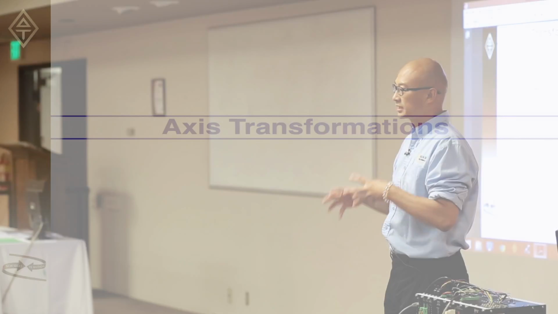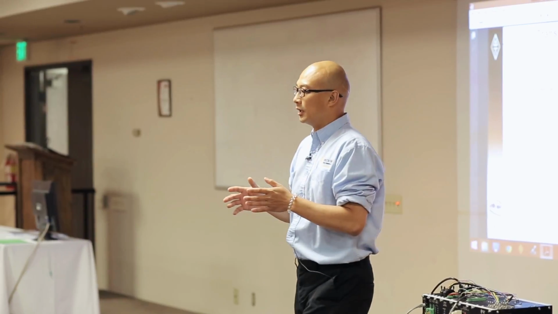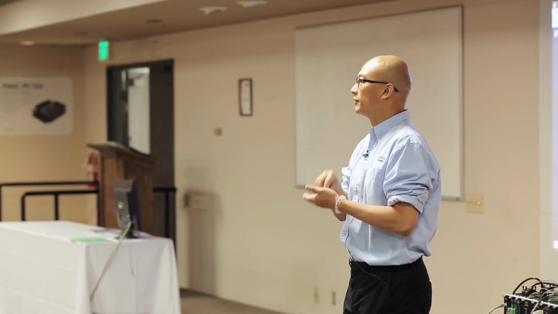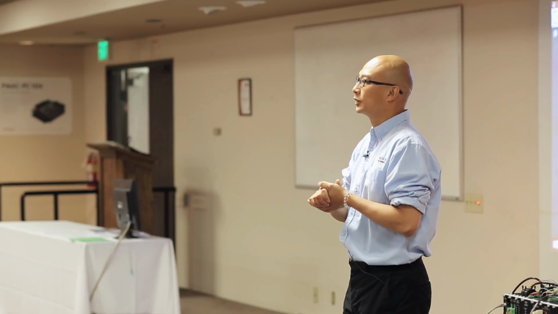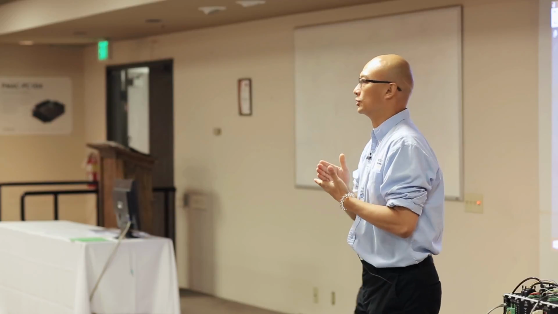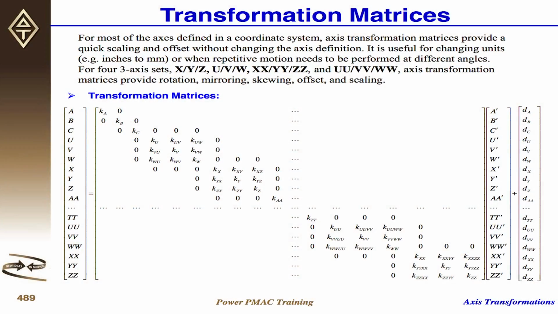In that specific coordinate system, other than just using the scale factor on the axis definition to manipulate the relationship between the axis and the motor, the other way to manipulate the axis is using axis transformation. So this matrix represents the transformation between the command that you give in the motion program and the real outcome that PMAC will execute in the motion program.